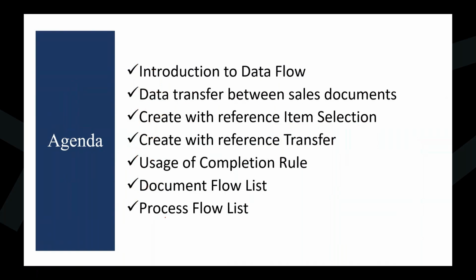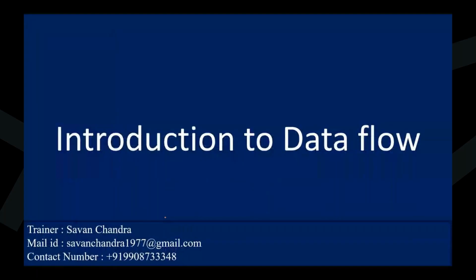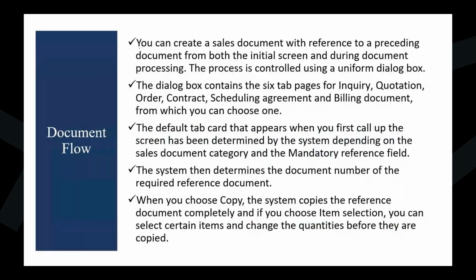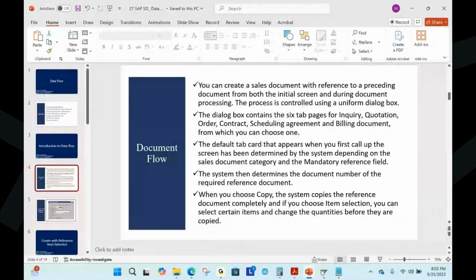Okay, so let's start. Introduction to data flow. Here we will understand what is basically data flow. You can create a sales document with reference to a preceding document from both the initial screen and during document processing. This process is controlled using a uniform dialog box. Earlier we discussed this. Suppose you are creating a sales order.